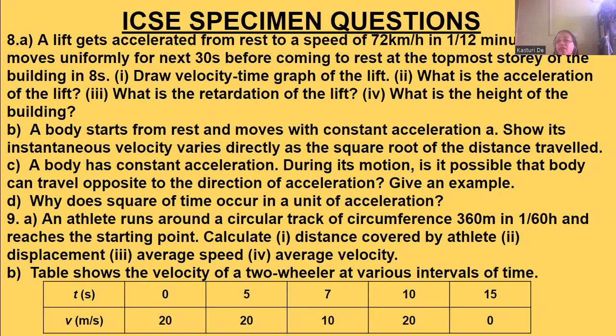So the athlete moves on a circular track of 360 meters in 1 by 60 hours, and we need to find these quantities.